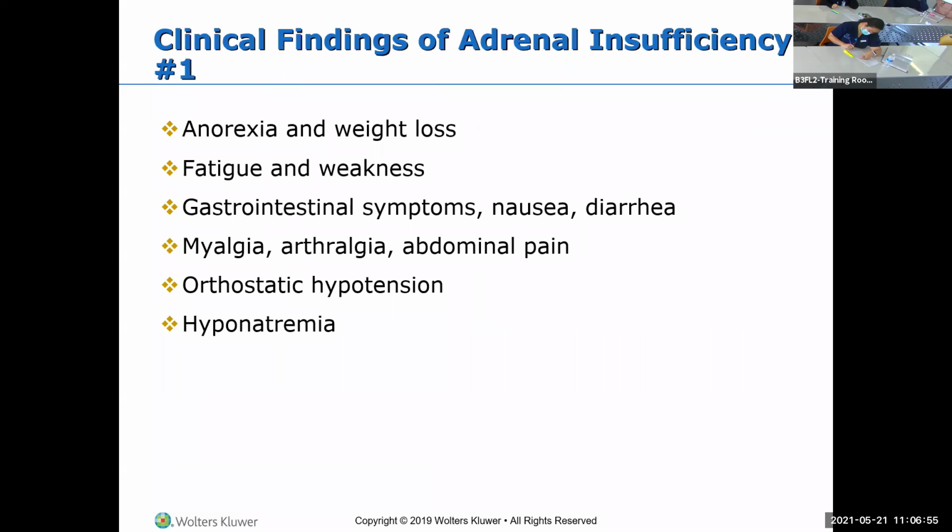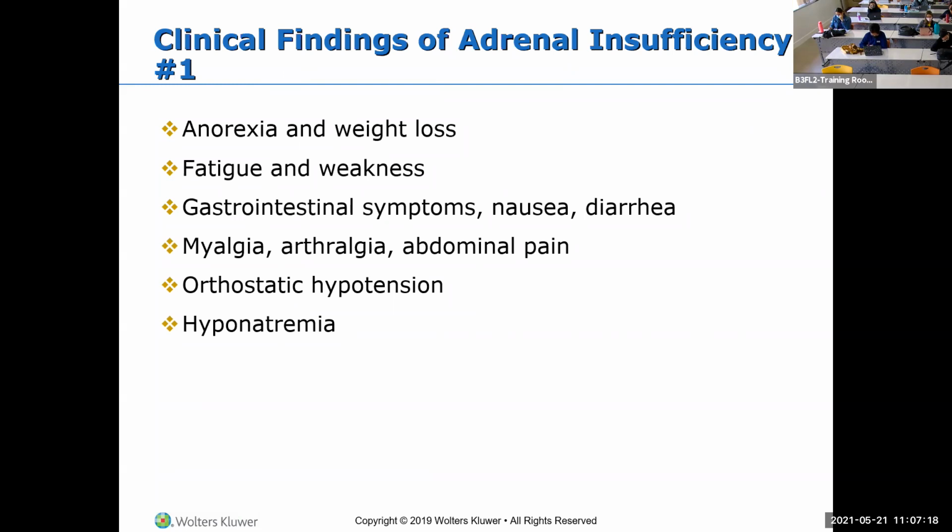Adrenal insufficiency. The patient might suffer from anorexia, weight loss, fatigue, weakness, gastrointestinal symptoms like nausea, vomiting. Look at that one: arthralgia, abdominal pain, orthostatic hypotension, and hyponatremia.